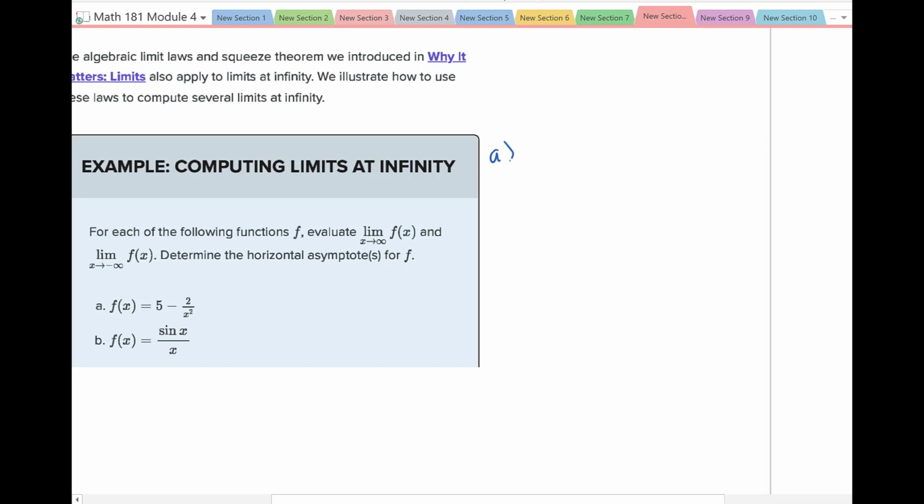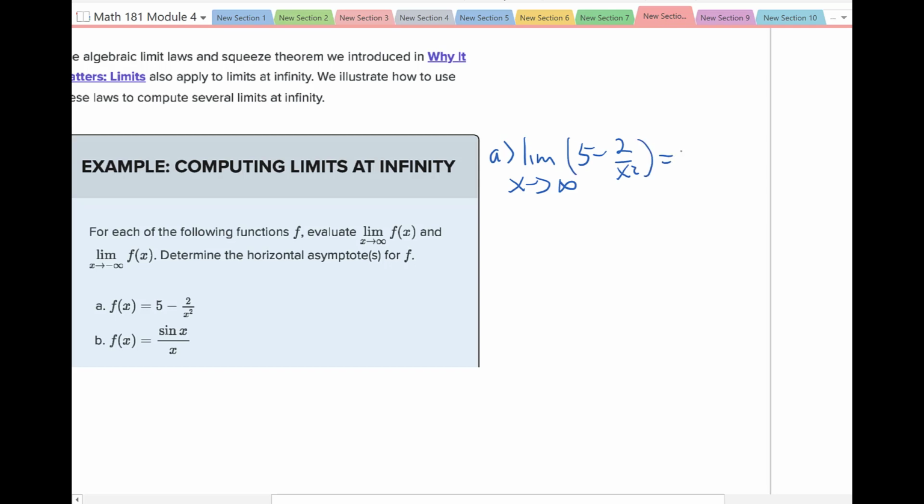So we have the limit as x approaches infinity of 5 minus 2 over x squared.